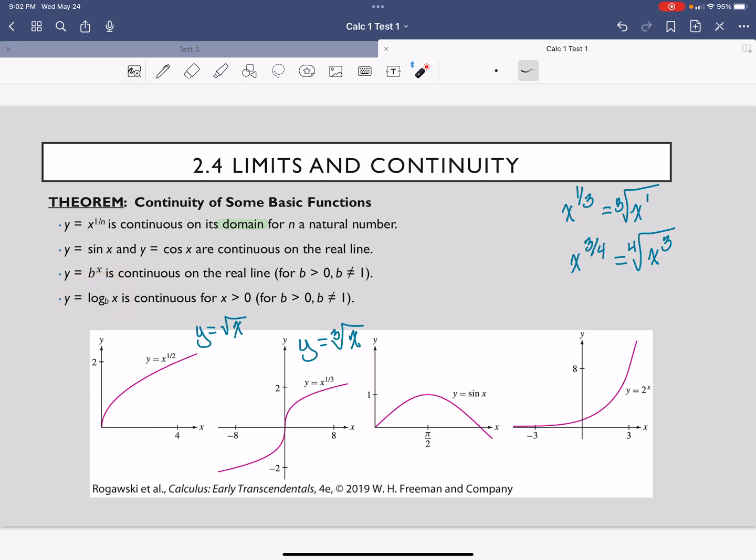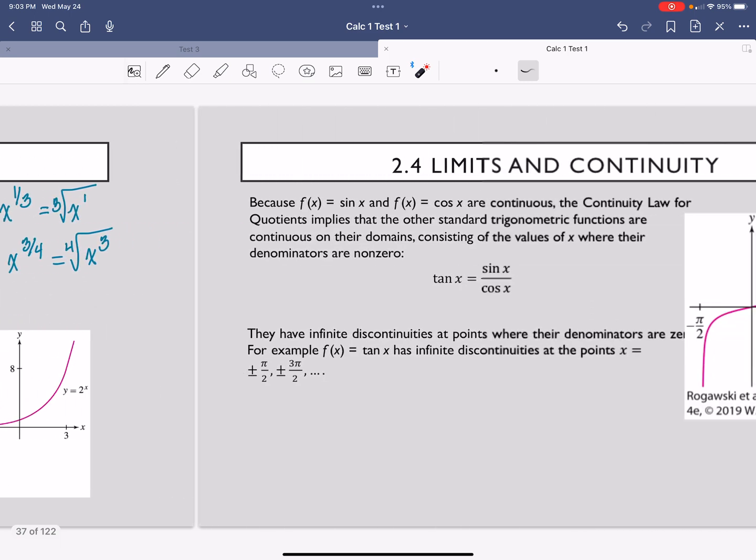Log functions are the inverse of exponential functions, and their graph is going to look like this. And so you're going to be looking at your positive numbers there for your logs. So domain and continuity, you really want to think about the relationship between domain and continuity.